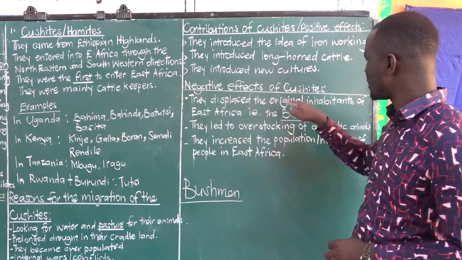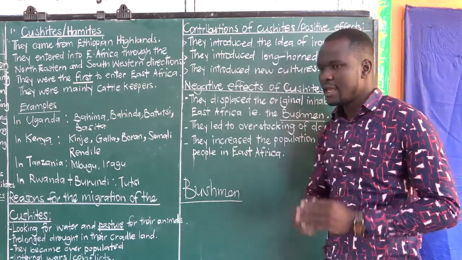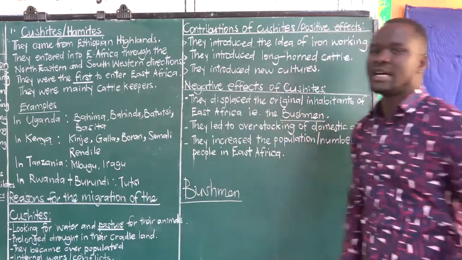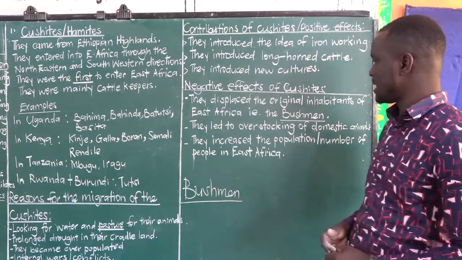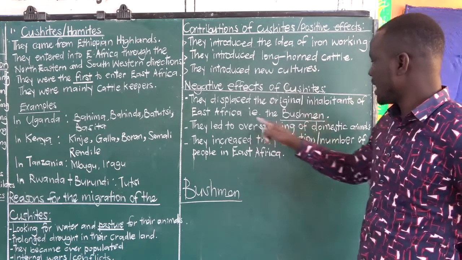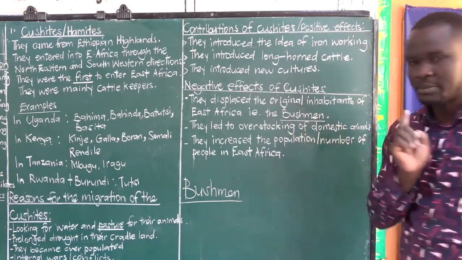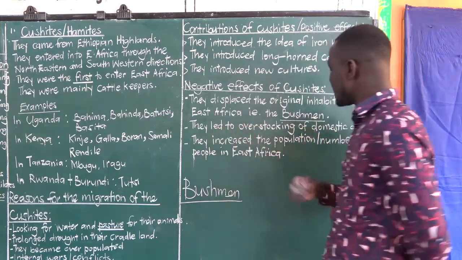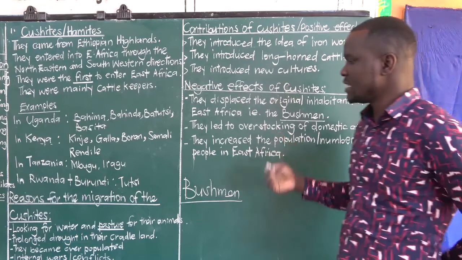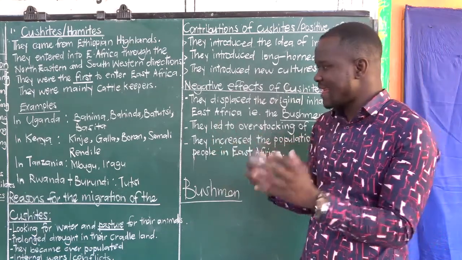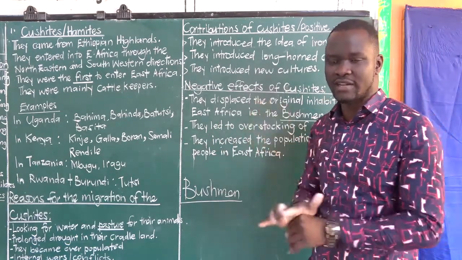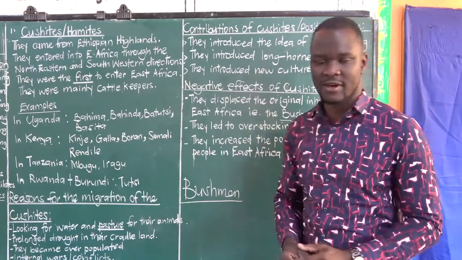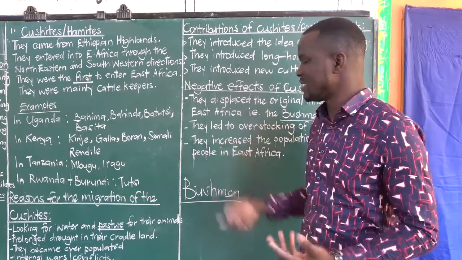When we talk of original inhabitants, we mean the people who had already settled, or the owners of that area, the ones who were already there. So they displaced them, and we are saying those people were called Bushmen. Second, we are saying these people led to overstocking. Overstock meaning that as they came with a lot of livestock, that is animals, they increased the number of animals in East Africa.